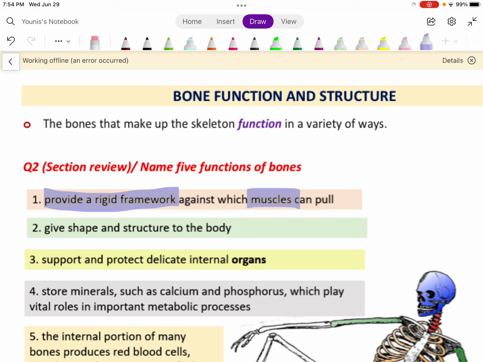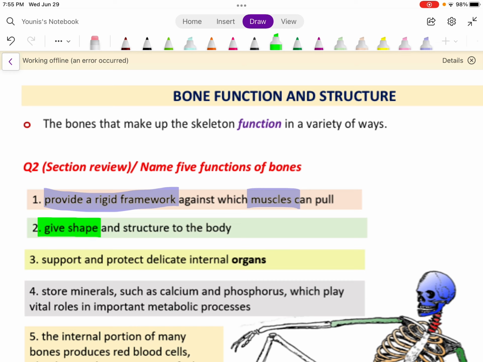Without bones, muscles couldn't provide our body with movement; we couldn't move. So bones make an anchorage site for muscles to attach and to move them so that we can make a movement. What else?